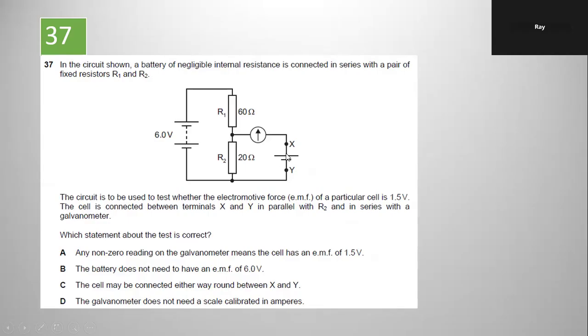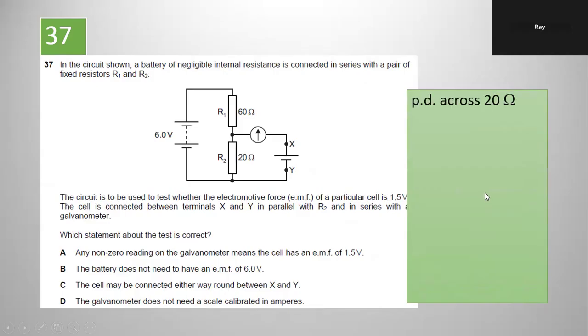So if this is 1.5, this is 1.5, there's no current here. You just check the PD across 20 ohm. Add these two together, times 6, it's 1.5, so this is 1.5 here, this 1.5 here, no current through here.